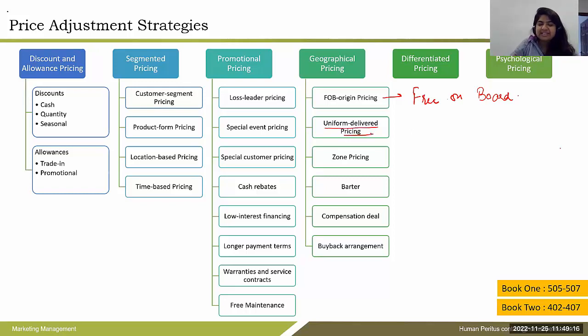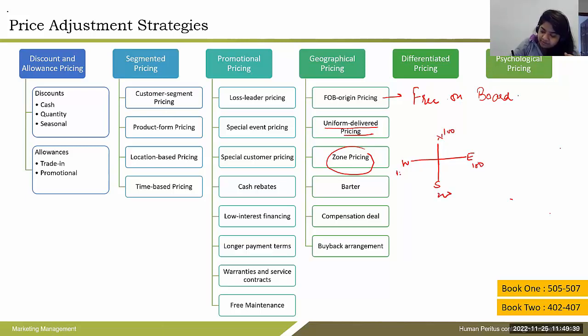Uniform delivered pricing. Irrespective of wherever you are ordering from in India, I'll charge you a standard rate of 100 rupees. Zone pricing. I divide the country into 4 zones: North zone, South zone, East zone, West zone. For East zone, I'm going to charge 100. North zone, 100. South zone, 200.